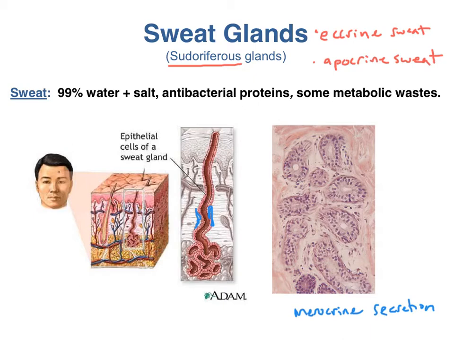And the mammary glands in the breast are modified sweat glands as well, with a highly modified product that is obviously much better for feeding an infant. So you can think of breast milk as basically being highly modified sweat.